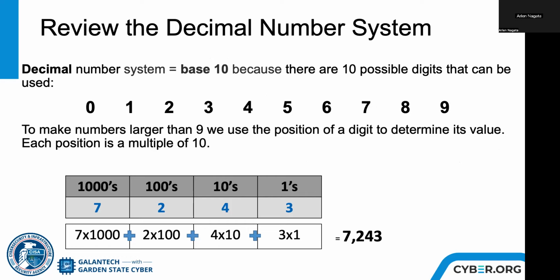So once you want to pass 9, what do you do? You carry the 1 to the next place value, and then you reset that number back to 0, right? So you get 7, 8, 9, and then when you want 10, carry the 1, the 9 becomes a 0, and that's kind of how our decimal system works, right?